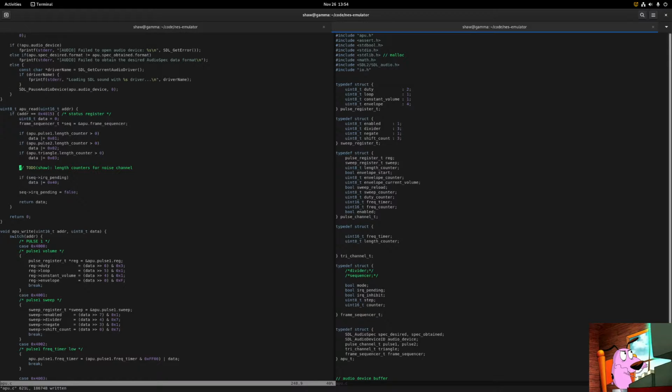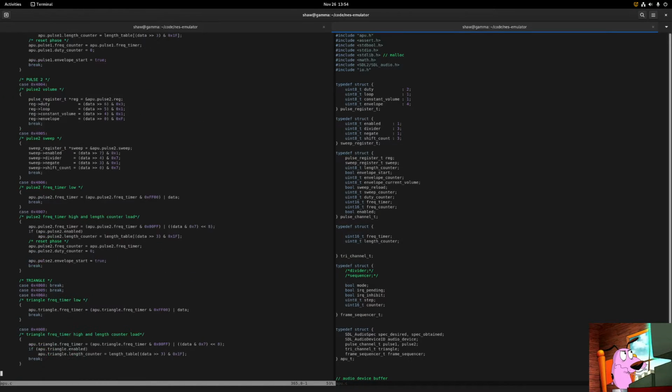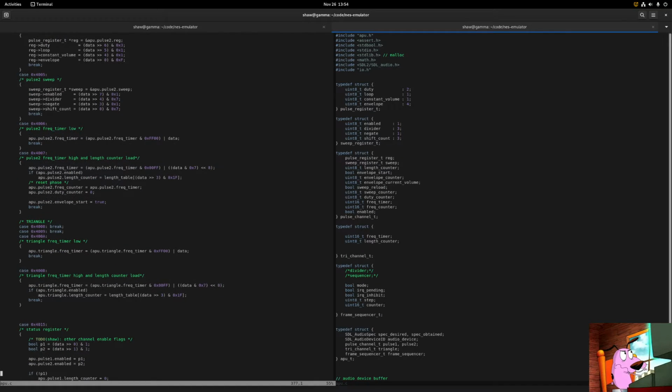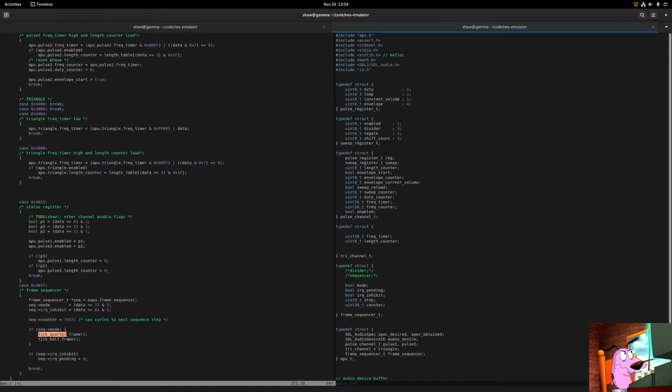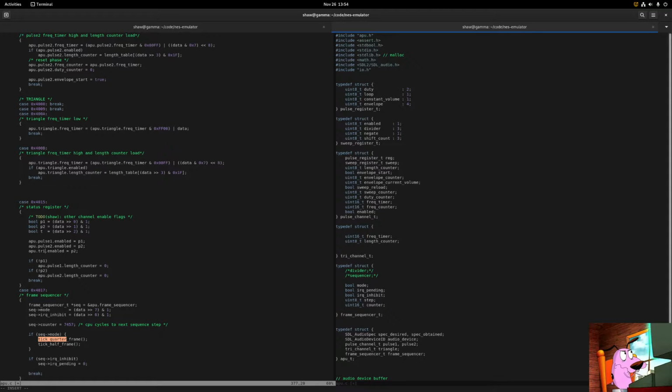So that's a 4015 read, a 4015 write. So that bit. Triangle enabled.